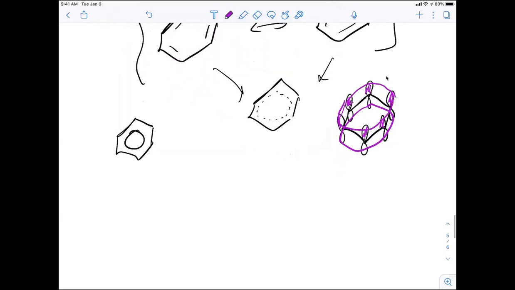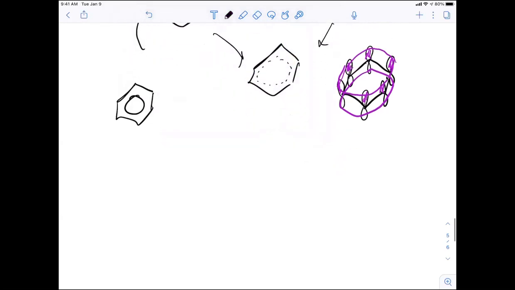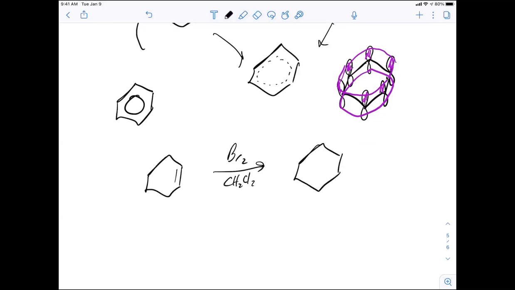And it's going to be the stability that's going to drive aromaticity as a stability group in our Huckel rule, which we'll see in a second. It also means that when we look at our reactivities, we don't see the same type of reactivity that we would see with an alkene, right?